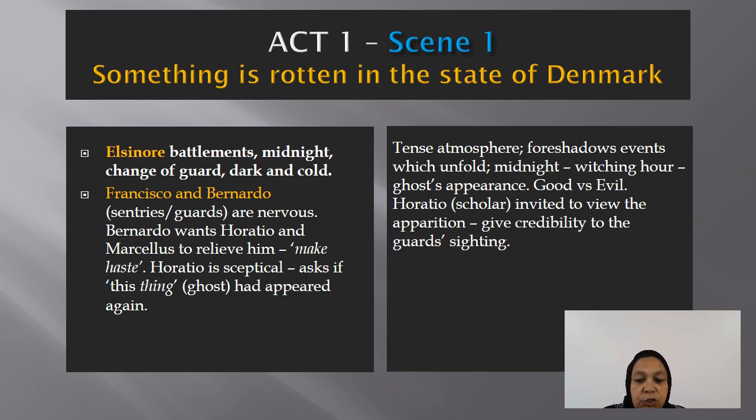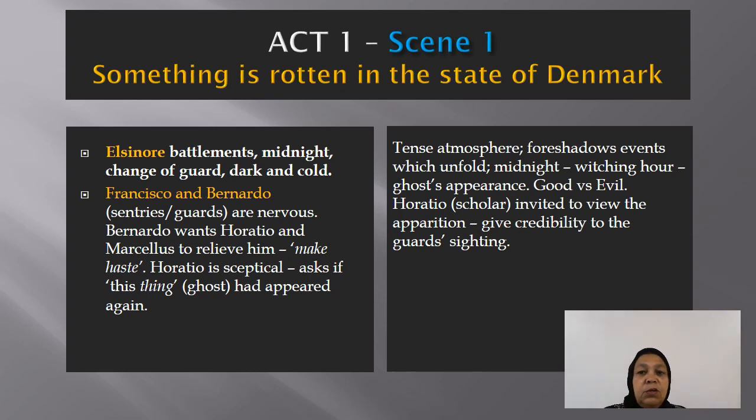Bernardo wants Horatio and Marcellus to relieve him very quickly, and he says they must make haste. We know that Horatio has been invited by the men to come and verify their sighting of the apparition which has appeared. And Horatio very skeptically asks them, has this thing appeared again tonight?